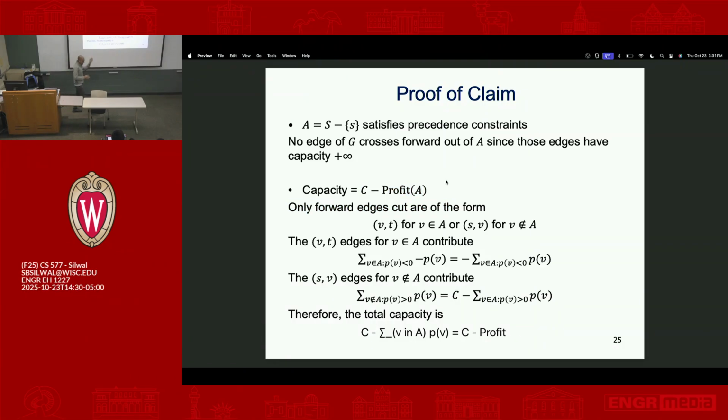Anyway, this is some math that you can follow, but intuitively, anytime I pull something on the S side, I cannot cut that edge. And if I pull a negative thing on the S side, I'm cutting the edge from that negative thing to the T thing. So that's recording the fact that I'm getting either positive profit or negative profit. It's just some calculation that the capacity of any cut is some fixed value minus the profit.